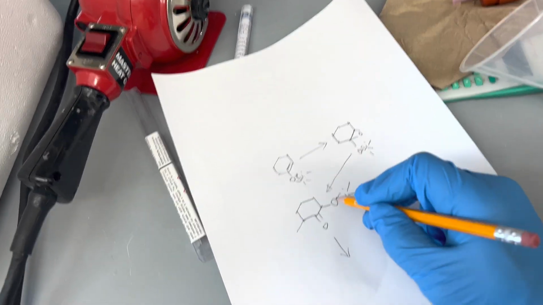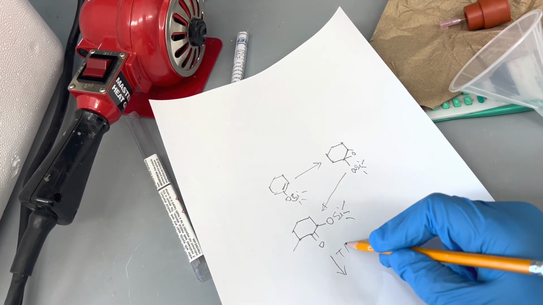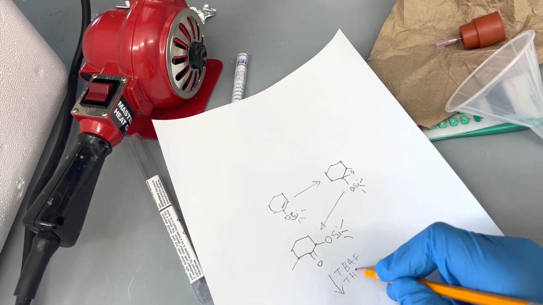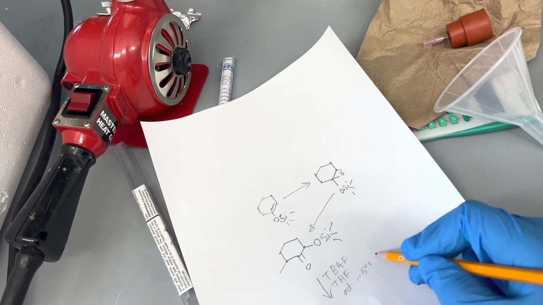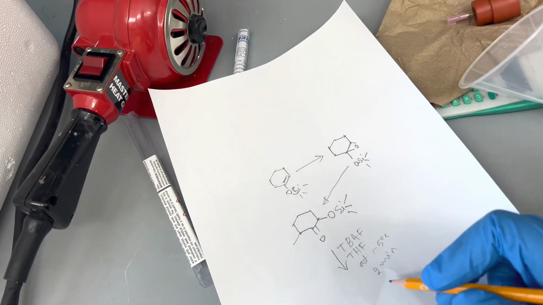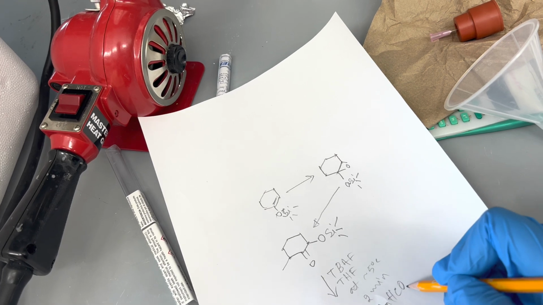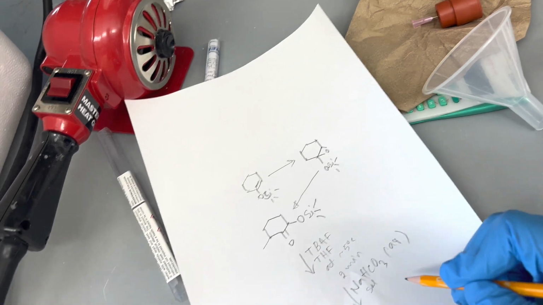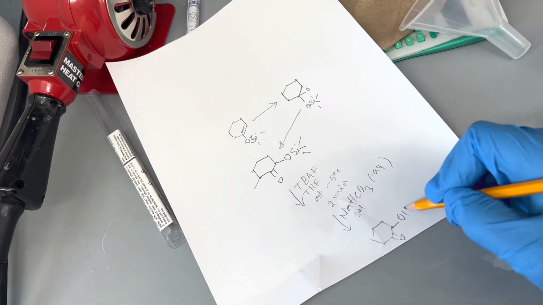Now I want to get the hydroxyl group here, so once I get the crude, I'm going to use TBAF in THF at minus 5 degrees Celsius for 2 minutes, and then I'll quench the reaction with aqueous sodium bicarbonate solution, and then finally I should get this compound, the OH.